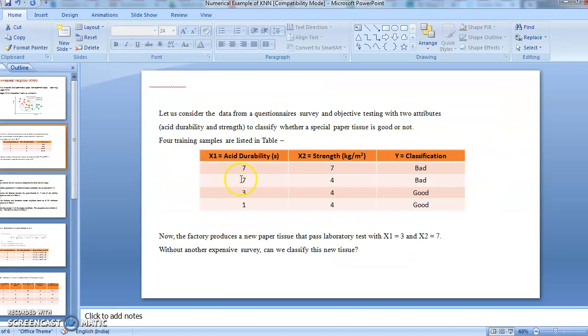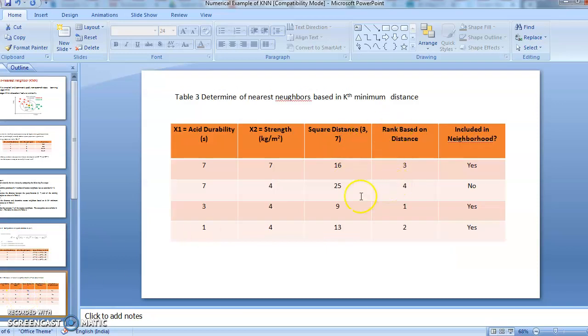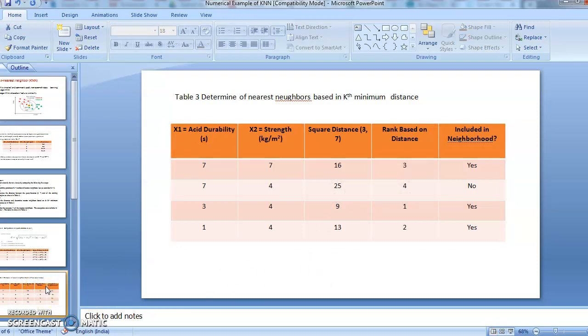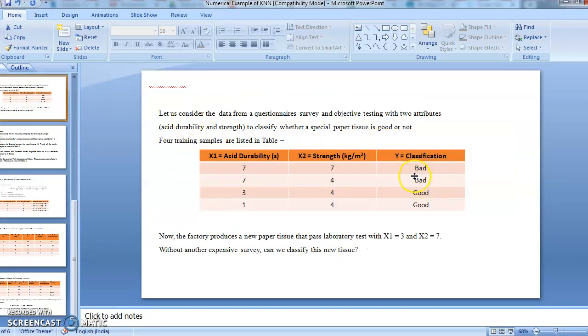Second, after that, find the distance of the given data point using the distance formula. Next, on those distances, give the rank to find the closest neighbor. The one with the minimum distance is the closest neighbor. After finding the neighbors, derive their category from the given data.